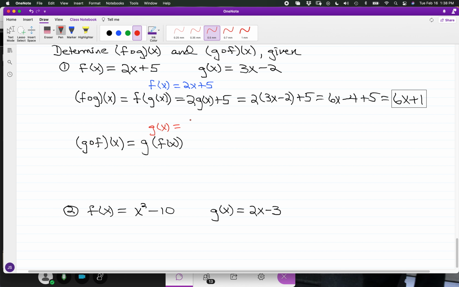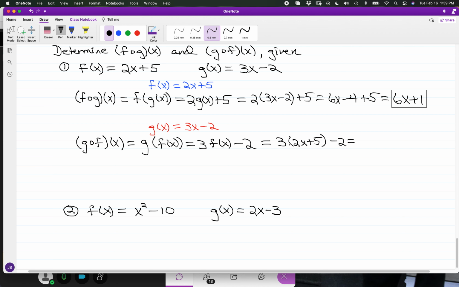Now g, the input, is equal to 3 times the input minus 2. Here, g of the input, again we have 3 times the input minus 2. And so 3 times the input, f of x. So f of x we have at 2x plus 5. So 3 times the quantity of 2x plus 5, followed by the subtraction of 2.